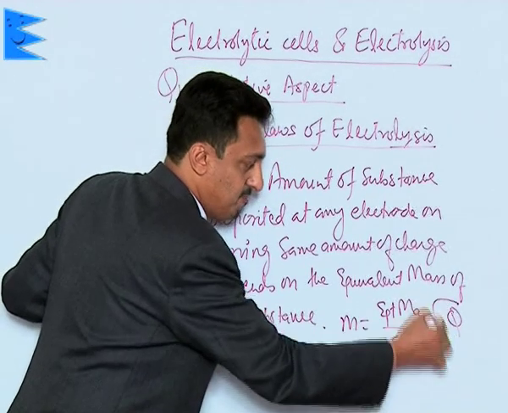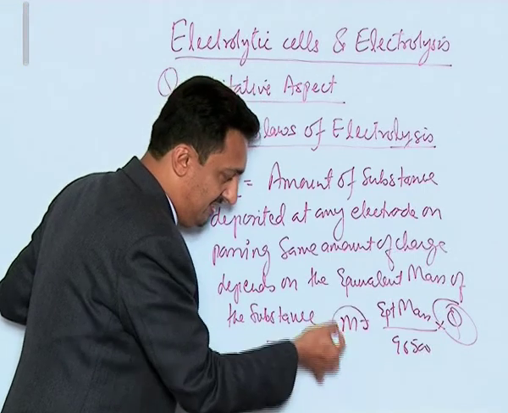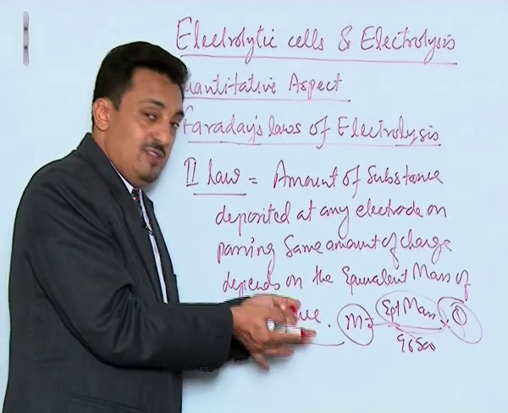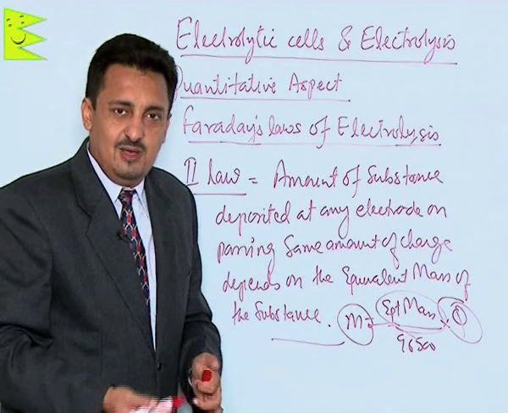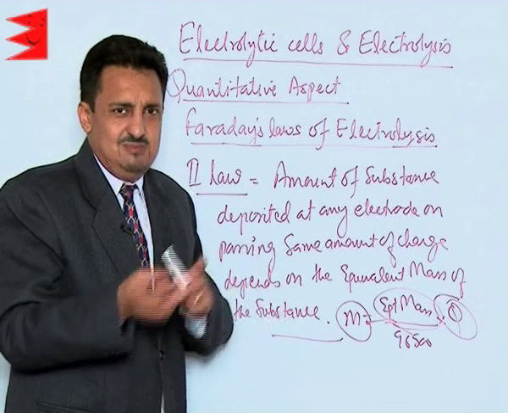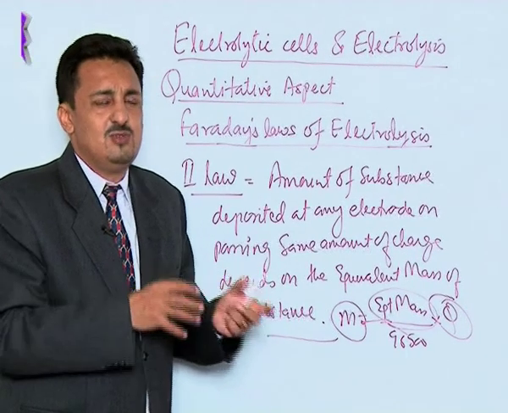See, if the Q passed is the same, definitely this will depend on what? Equivalent mass. Therefore the second law is the other form of the first law, and it is basically used to compare the equivalent masses, the amounts of substance deposited between two different substances.